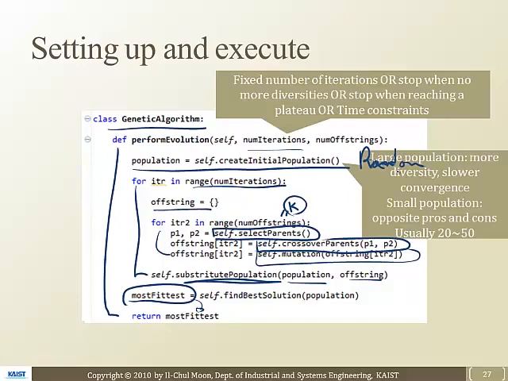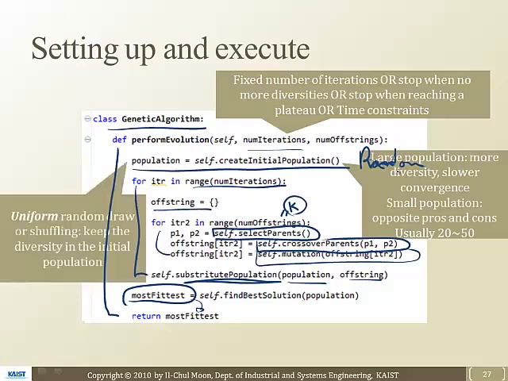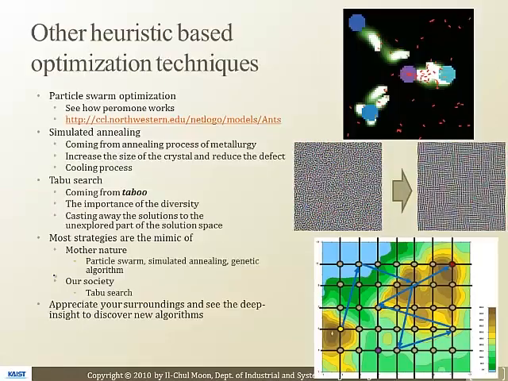Usually 20 or 50 solutions. And you want to have a uniform random or just shuffling. There are various ways of creating new initial populations.